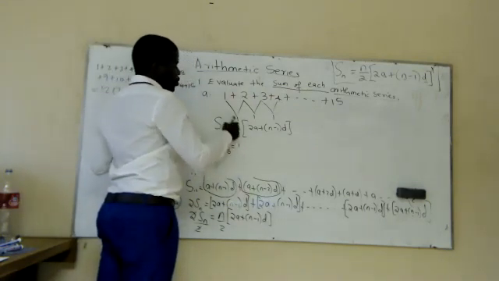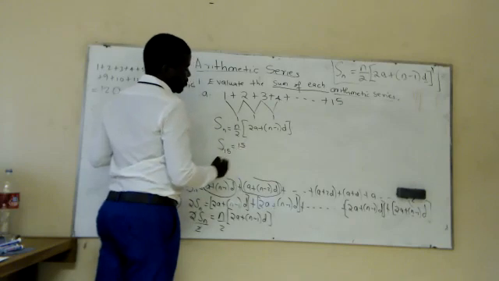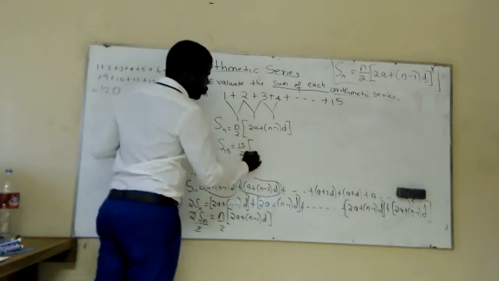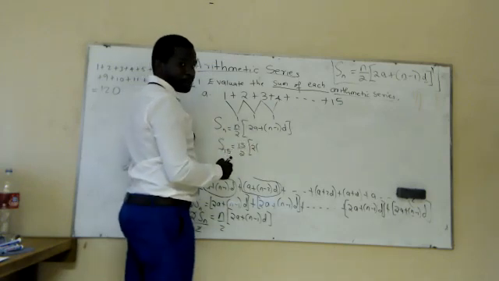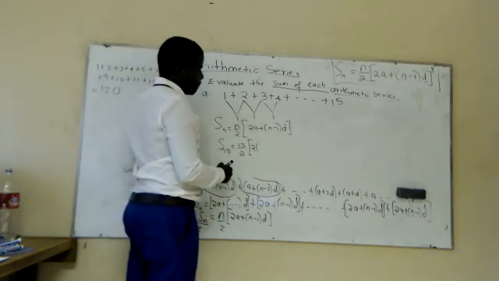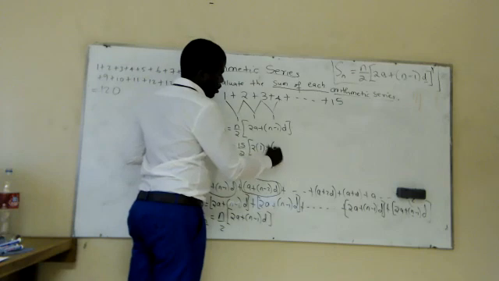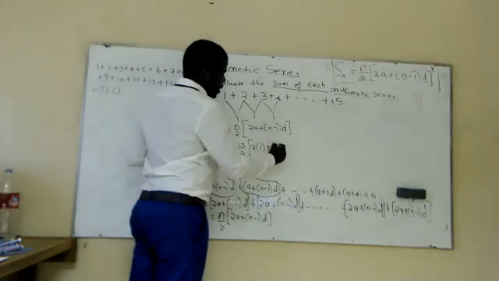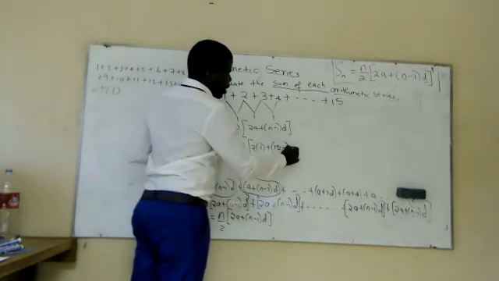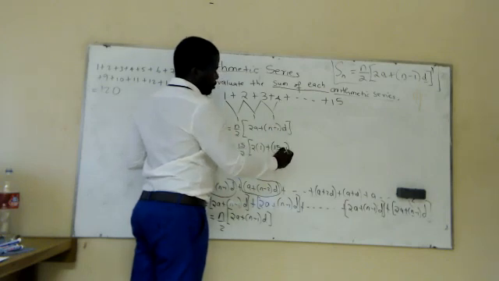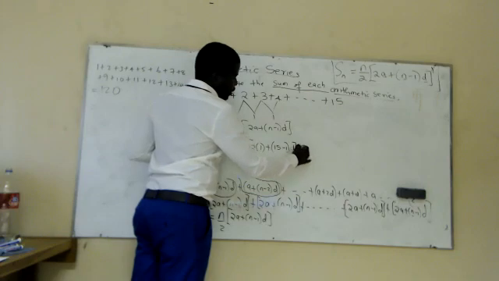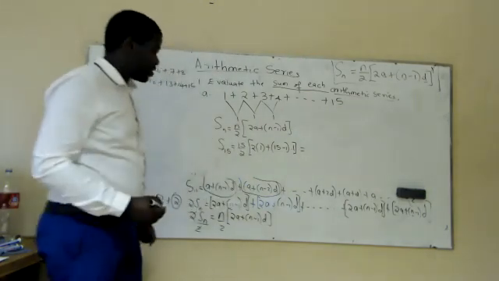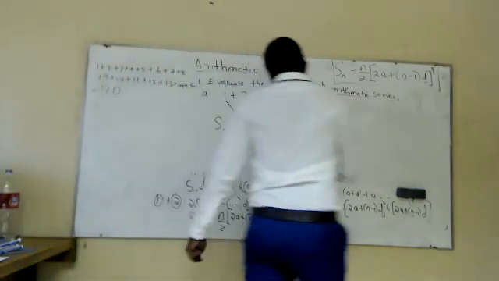So it means where you have n, you replace it by 15 over 2 times 2. What is the first term? It's 1. And where you have n, you replace it by 15 minus 1. And what is the common difference? It is 1. Can you put this into your calculator and tell me what you obtain?